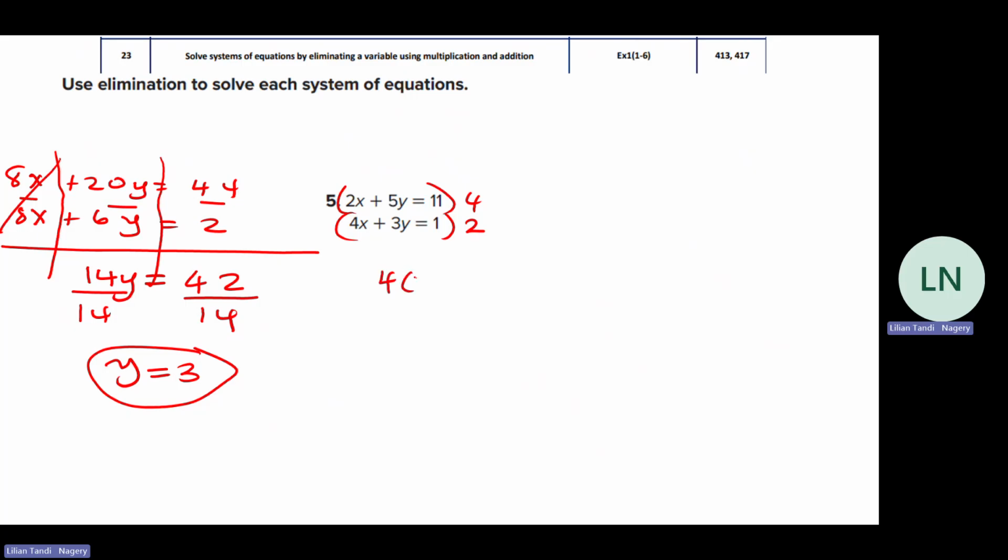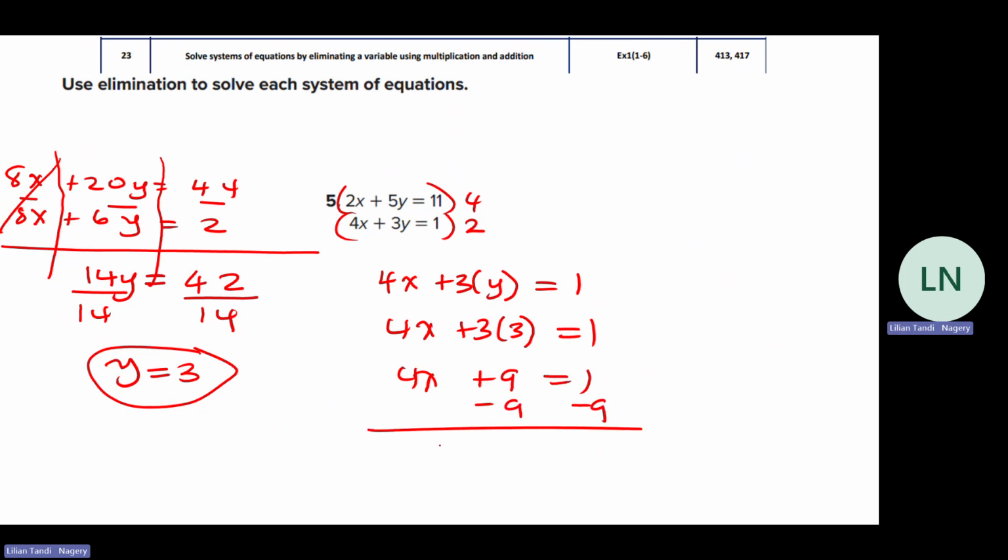I want x. 4x plus 3y equals 1. 4x plus 3 times 3 equals 1. 4x plus 9 equals 1. 4x equals negative 8.